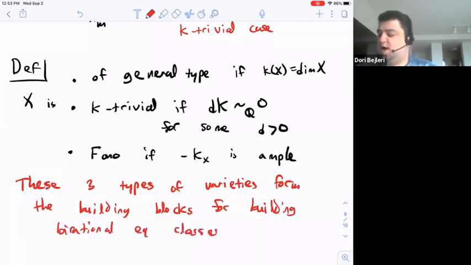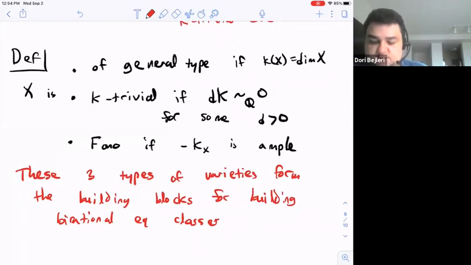And this will be one of the guiding strategies in higher dimensions. Can we reduce the birational classification to putting together these three types of varieties by these fibration structures, or by a program similar to what we just talked about for surfaces?